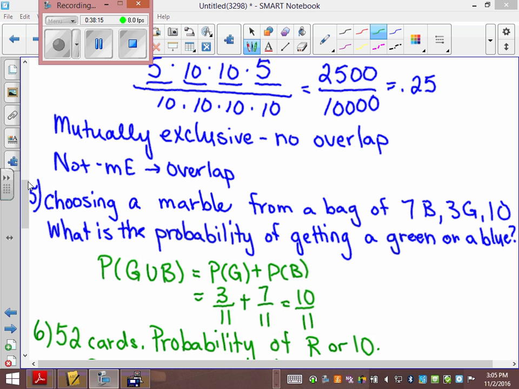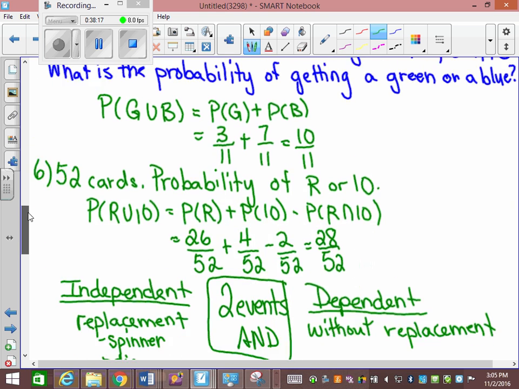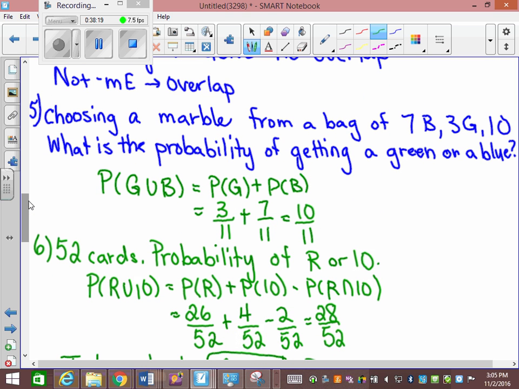So then we have to do the probability of red or 10 equals the probability of red plus the probability of 10 minus the probability of red 10s. So there's 26 out of 52 reds, plus 4 out of 52 10s, minus the 2 red 10s, 2 out of 52, equals 28 out of 52.